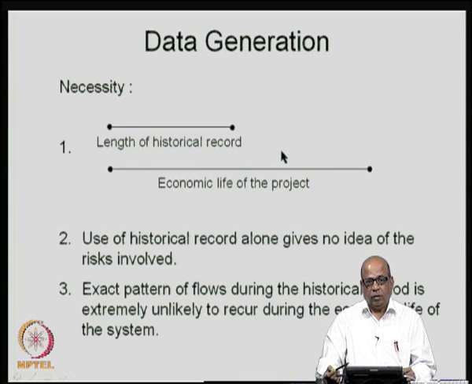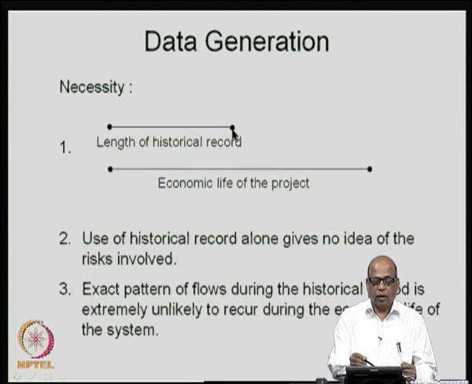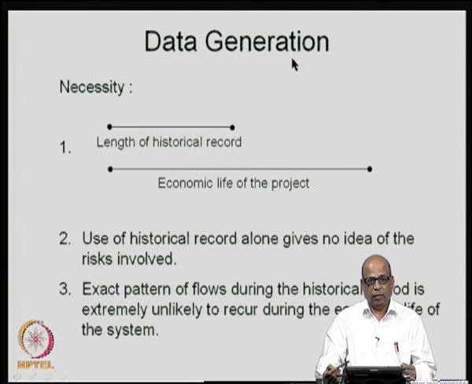However, the information content that we have in this record, if we use it in some sense to generate several sequences of flows in the future, then that number of sequences will be useful for making better decisions and making better assessments of risk and so on. So, these are some of the motivations for which we develop the data generation techniques.